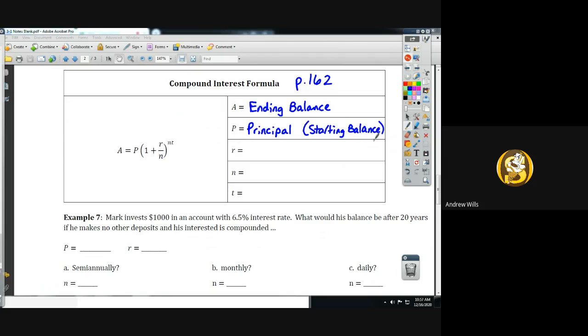R is your annual interest rate, and again, that is as a decimal, not a percent.